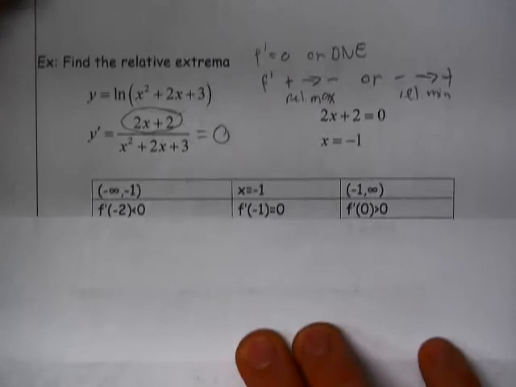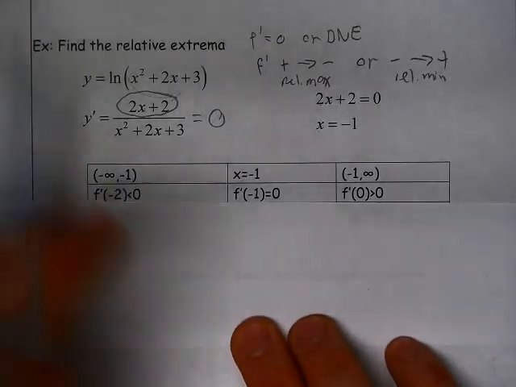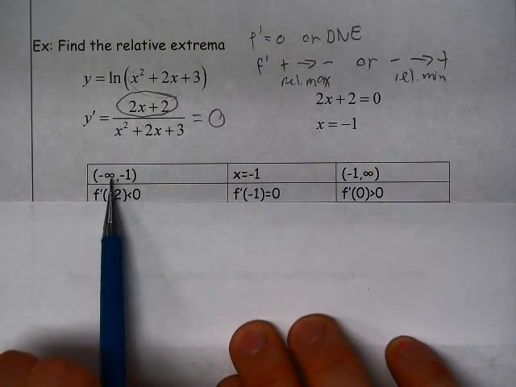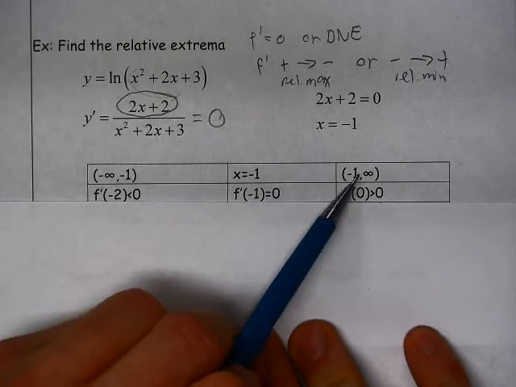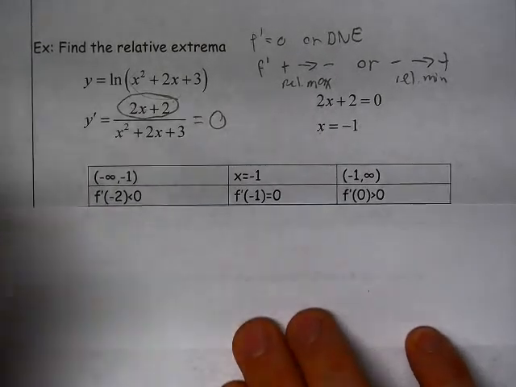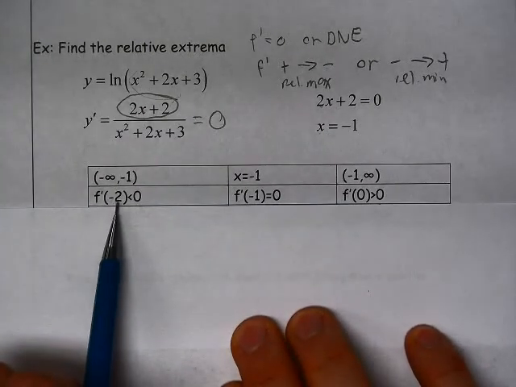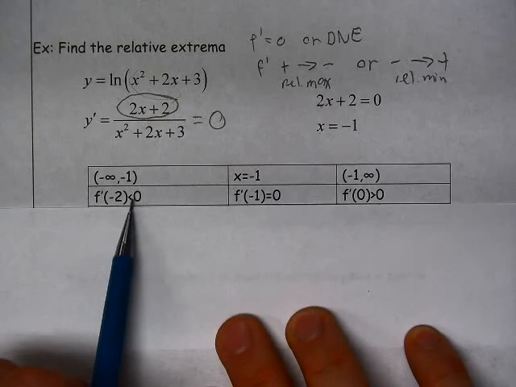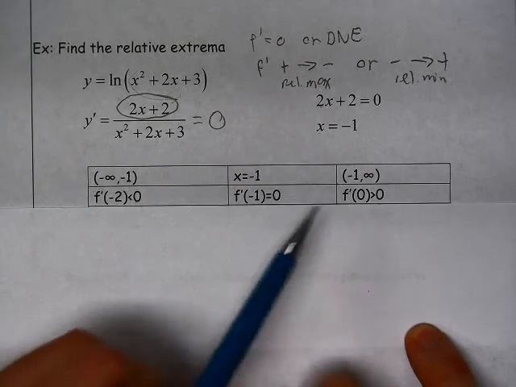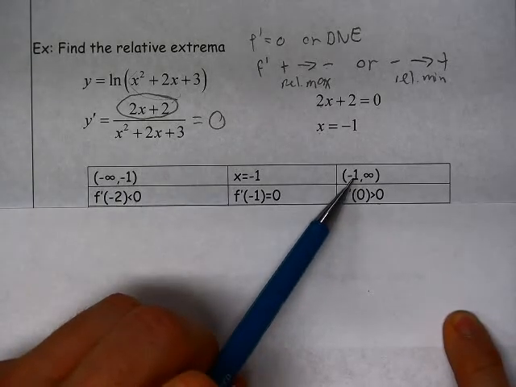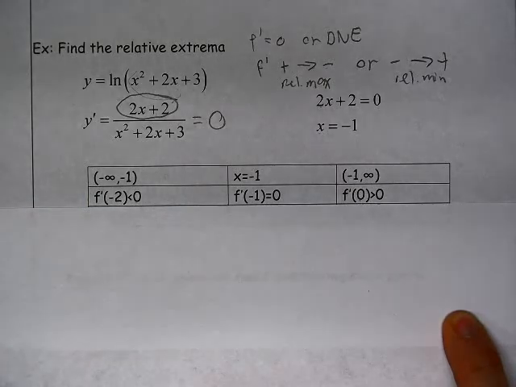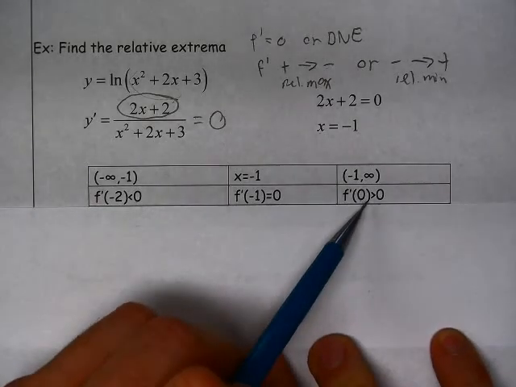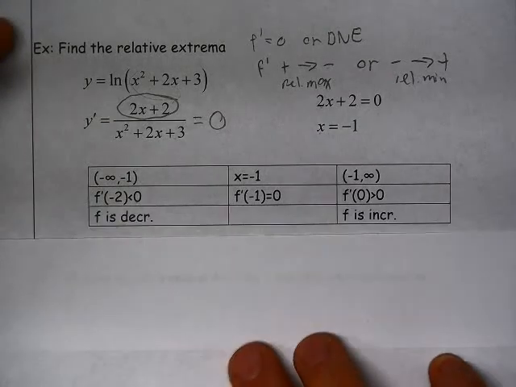So I make a table. I have x equals negative 1. I have values that are less than negative 1. I have values that are greater than negative 1. And I can just pick a test value and see what the derivative is going to be. Here my test value is negative 2. When I plug in negative 2, I get a negative first derivative. In the interval from negative 1 to infinity, I use a test value of 0, and I found a positive first derivative.